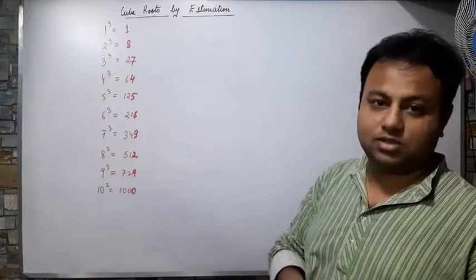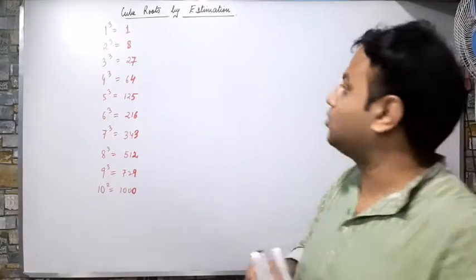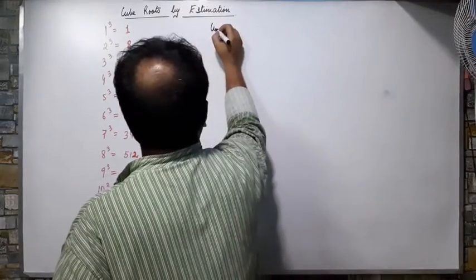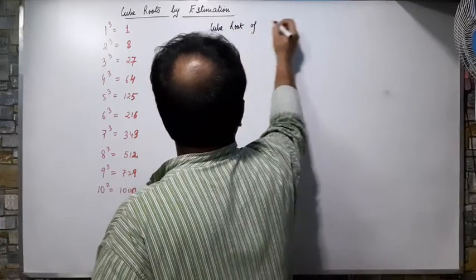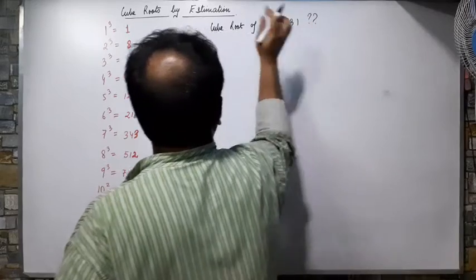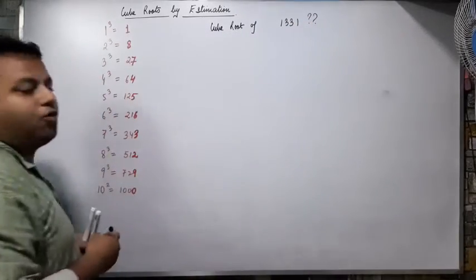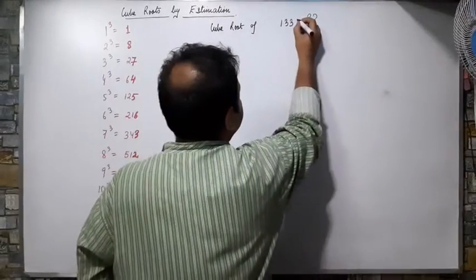Now, suppose you are asked to calculate the cube root of 1331. What will it be? First and foremost, what will you do? You will see the last digit. What is my last digit? It is 1.